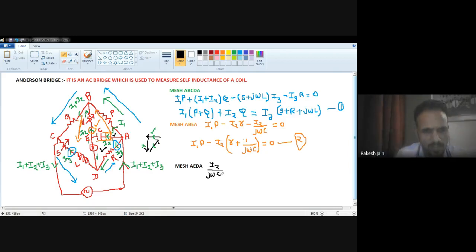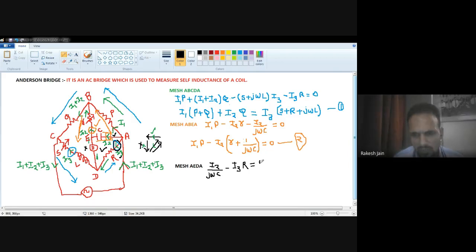And now there will be no current flow in the detector element, so I just mark a cross here. Now my direction is this one, anti-clockwise. But the given current I3, which I marked in black color, is opposite to my direction. So I have to write it with negative sign. So current is I3 and resistance is R. So that is equal to I2 upon j omega c minus I3R, and no other element will remain here.